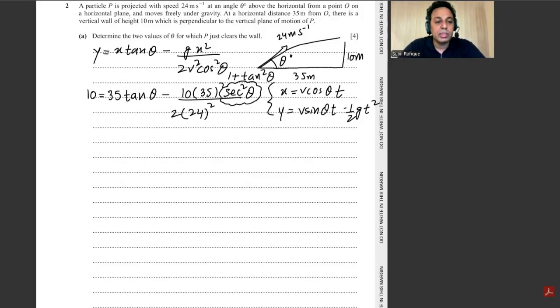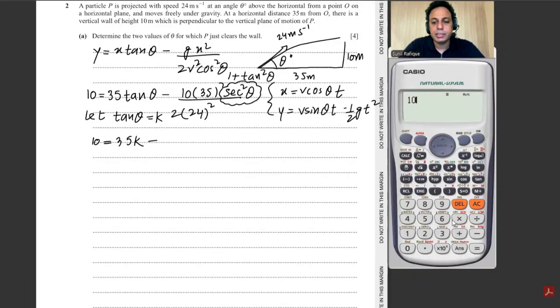Okay, so let's simplify this a bit. I'll get 35, and let tan theta be, you can call this something, k. So that's going to be 35k minus, okay, let's get these values first. 10 times 35 squared divided by 2 times 24 squared.